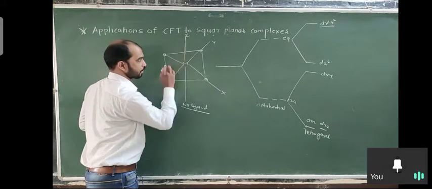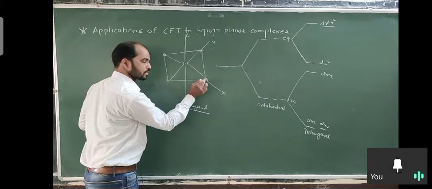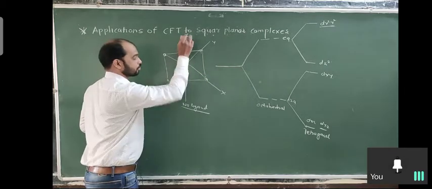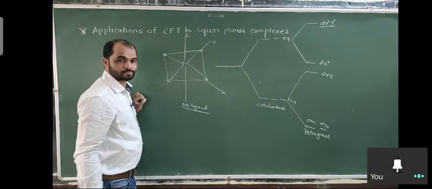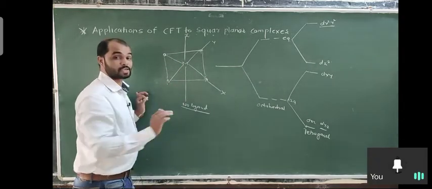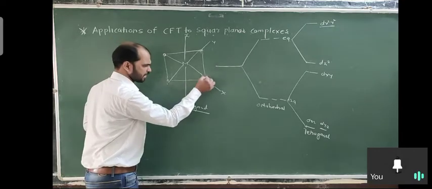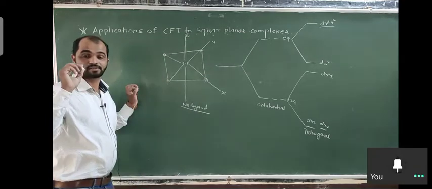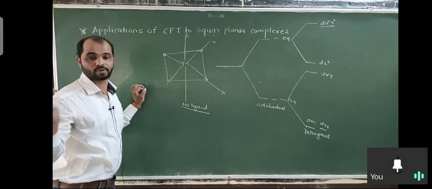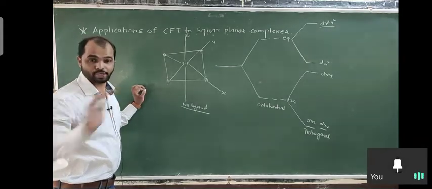So again it is close to this. So dx square y square interacts directly. Secondly, xy also interacts because it is very near to the ligand. But the z orbital has no ligand, zero interaction, zero repulsion.